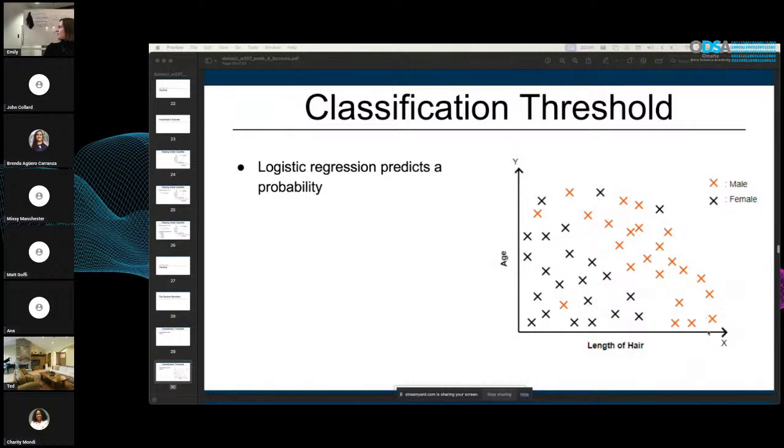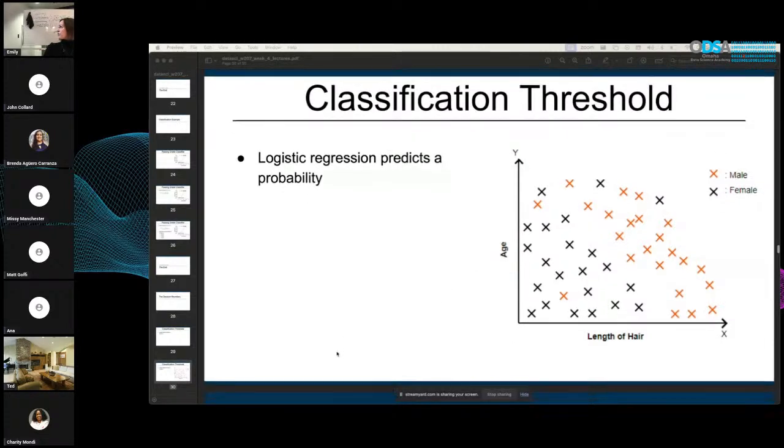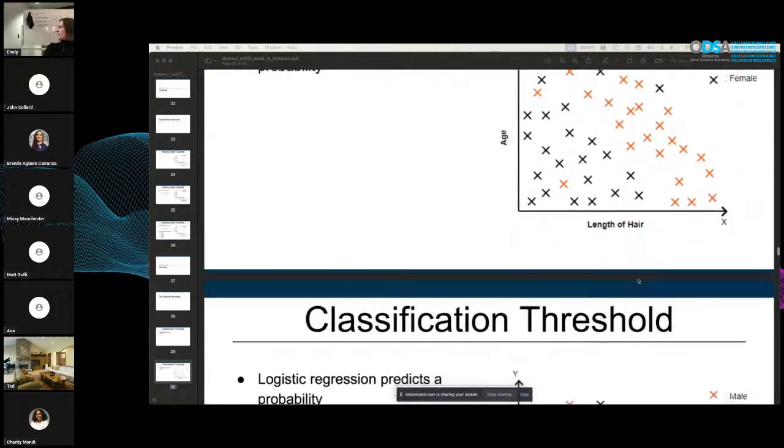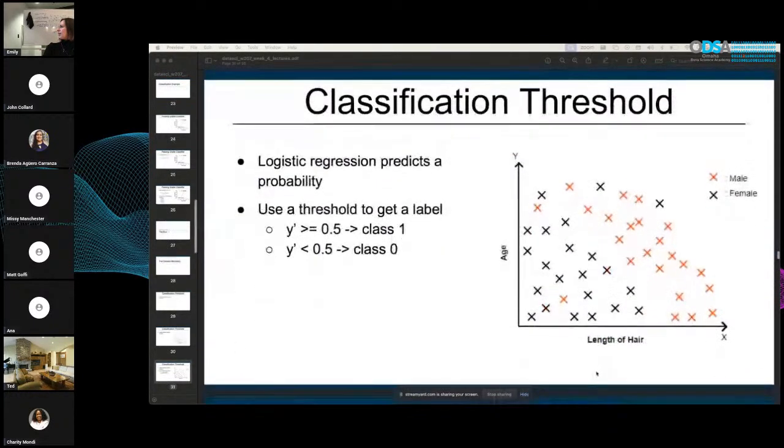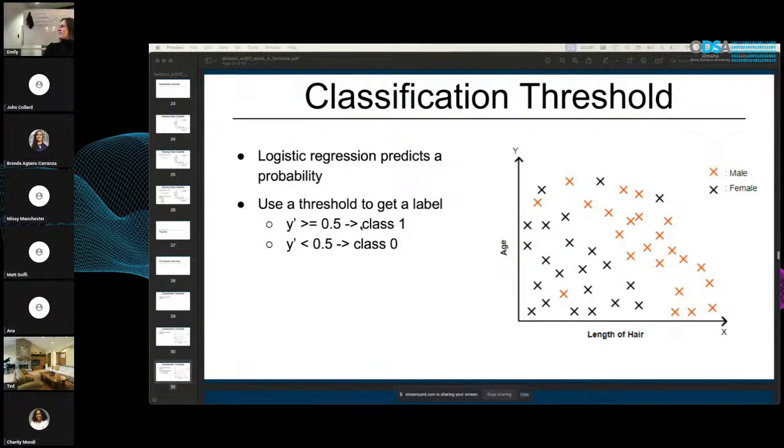And so it gets to this point of decision boundaries. In this case, we have age and length of hair and male and female. We talked about this last time, but this is just to put another emphasis on it. When you make a probability prediction, you then have to make a decision against a threshold. Our default is 0.5.